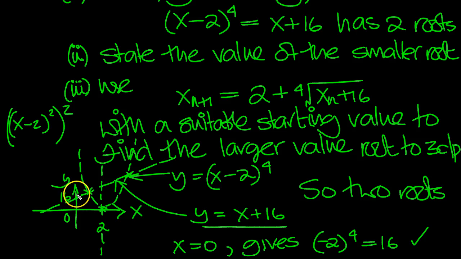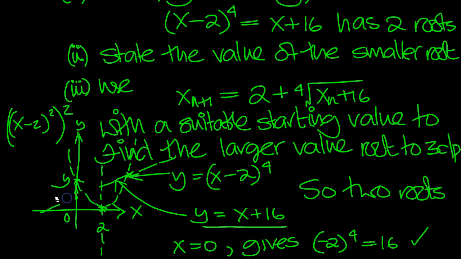So this curve is a lot flatter, and I'm going to draw it a lot flatter now. This 16 should be way up higher anyway. Here's our y-axis, and this is the value 16.